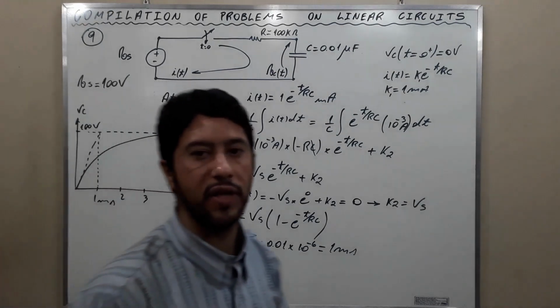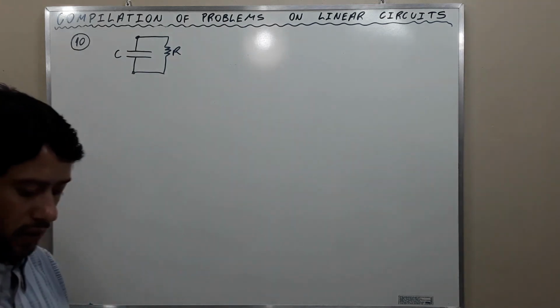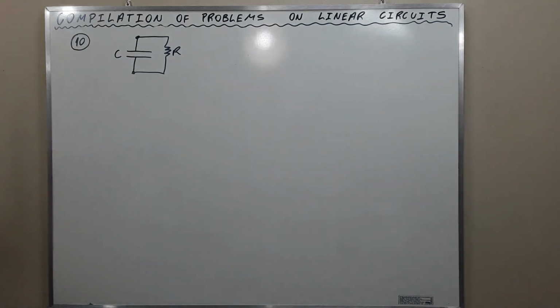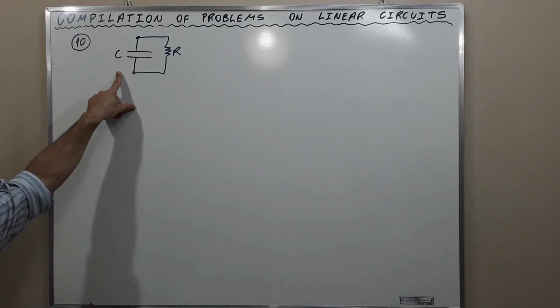Let's go to exercise 10 now. Question 10. The dielectric materials used in real capacitors are not perfect insulators. A resistance called a leakage resistance in parallel with the capacitance can model this imperfection. As here, okay?